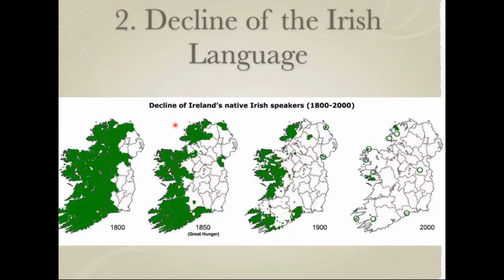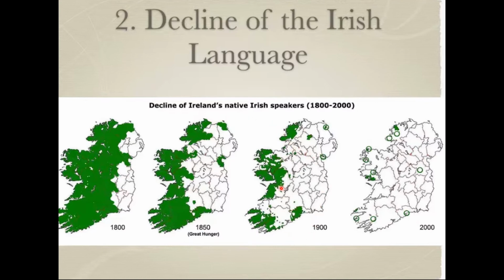Another consequence of the Irish famine was the decline in the Irish language. We can see here the green indicates counties that were Irish speaking, and it predominantly affected the west of Ireland. We can see where the majority of Ireland would have spoken Irish. In under 50 years, even half of that was taken away.